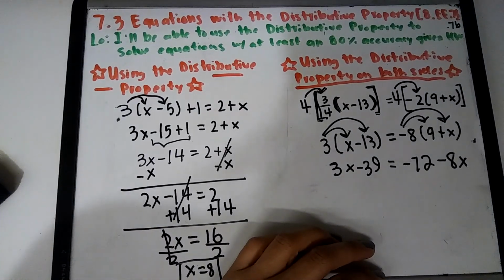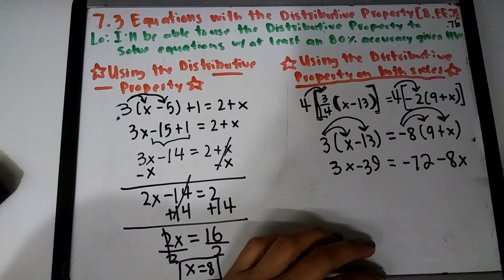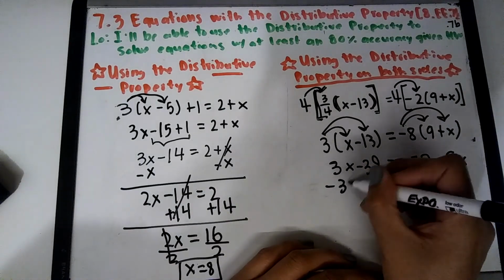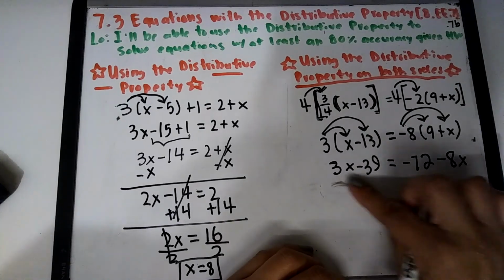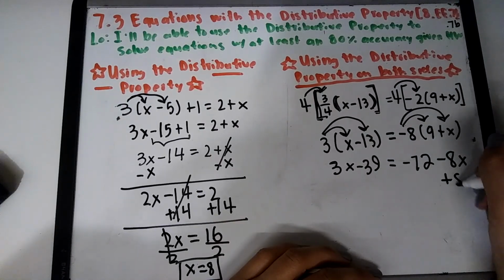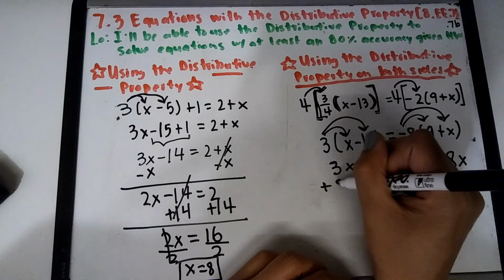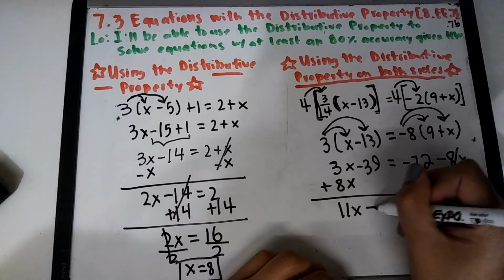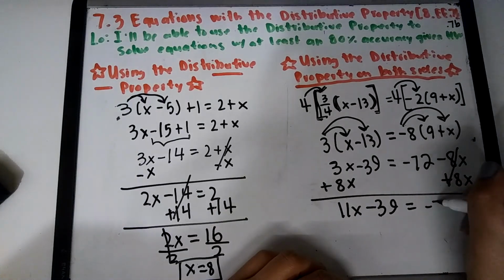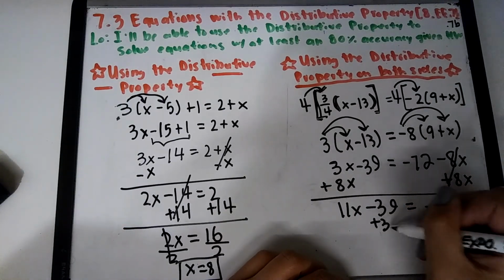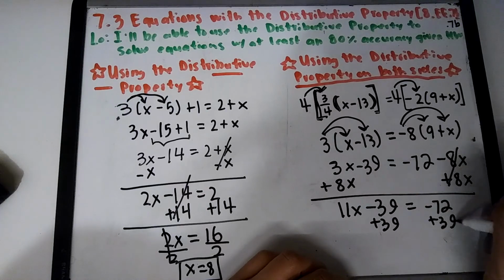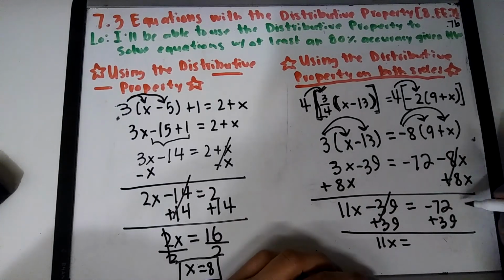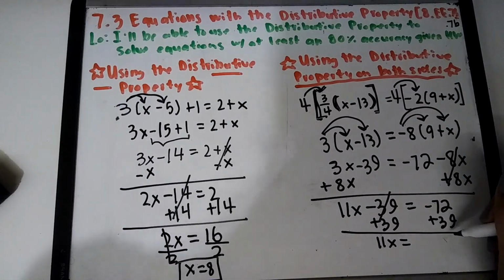Okay, so then I'm going to put all my x's on one side and all my constants on the other side. So I'm going to move this 3x because this actually, no. I'm going to move the 8x because I don't want to end up with a negative variable. So then that would be 11x minus 39 equals negative 72. I'm going to add 39 on both sides. So I have 11x equals, now right here I have a negative 72 plus 39.